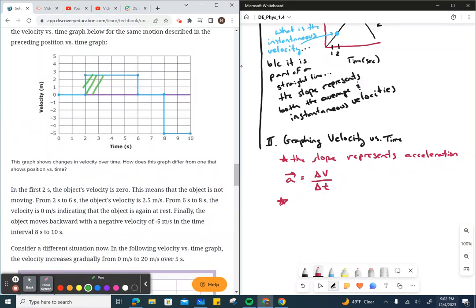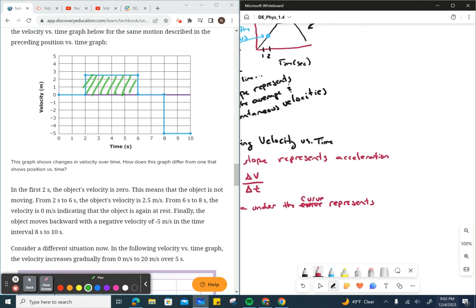Looks like area under the curve represents displacement.